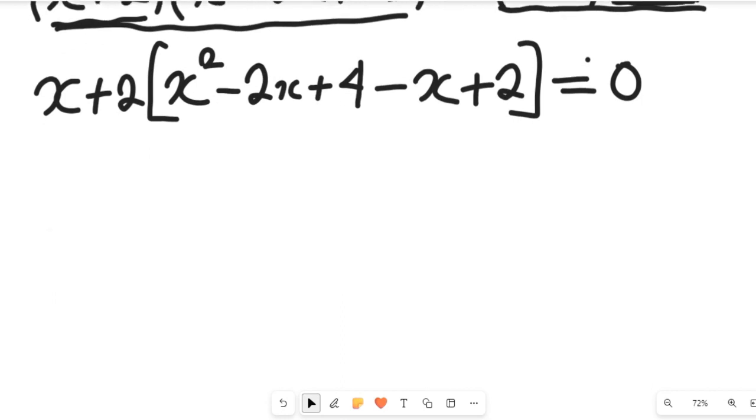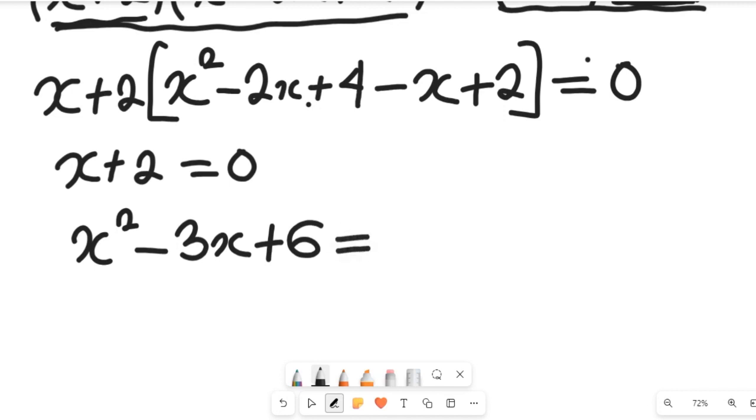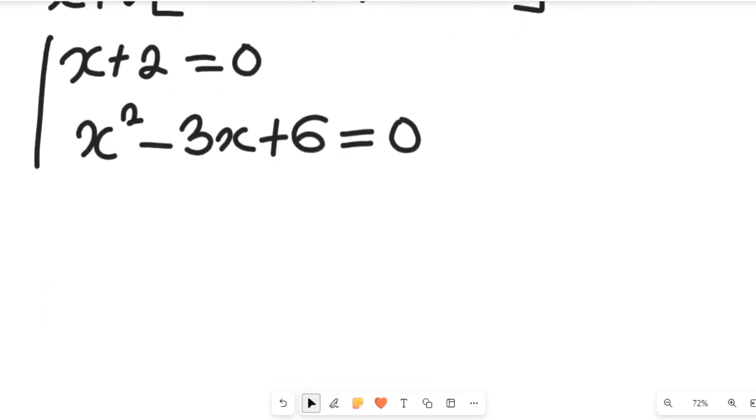So if we solve that expression further, we're going to have two expressions: x plus 2 equal to 0, and then x squared minus x minus 2x, which gives us a negative 3x, and then plus 4 plus 2, which gives us plus 6, and this will be equal to 0.